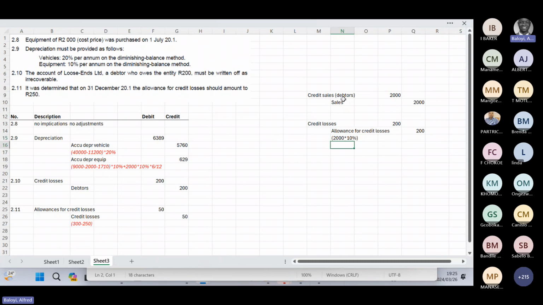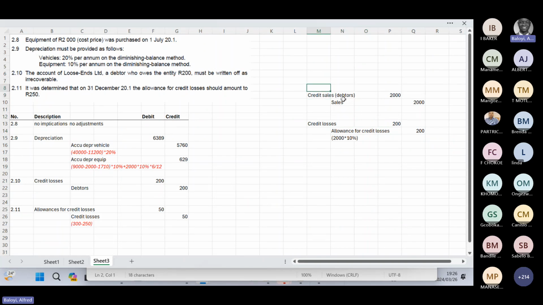So basically, this is what the allowance for credit losses is. You are saying of the 2,000 that people bought on credit, you believe that 10% of them will not pay. So you create such an allowance in the current financial year.